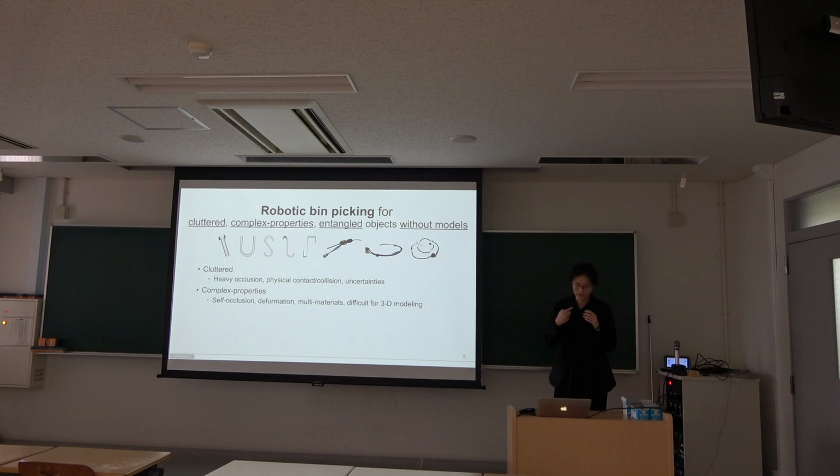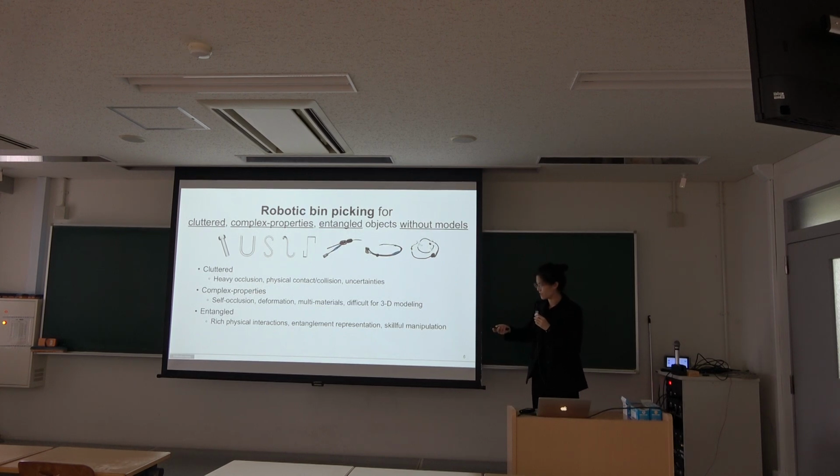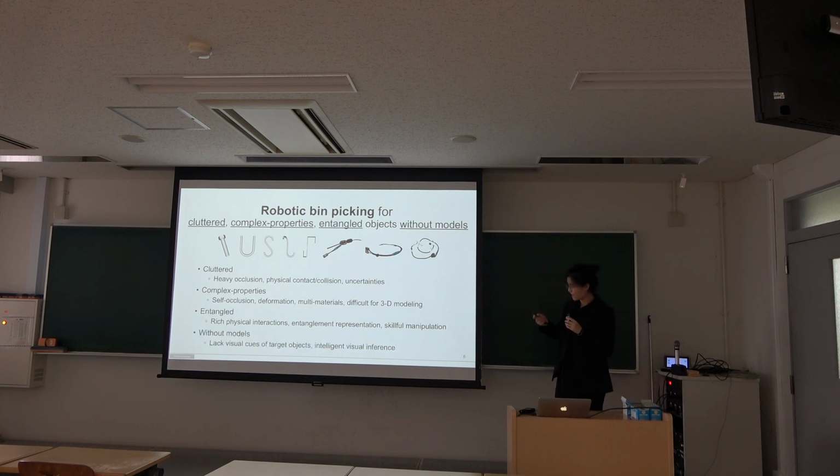They are very complex, and they have multiple materials, and it is difficult to construct 3D models. And then these objects easily get entangled in the bin. So we have to handle these rich physical interactions, and also we have to develop the representations for the entanglement, and we have to plan skillful motion. And finally, we should do all of this without any object model.